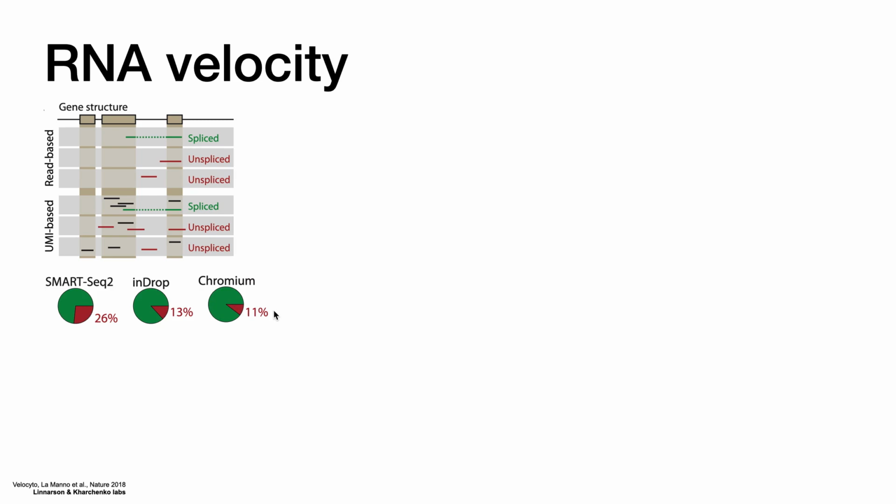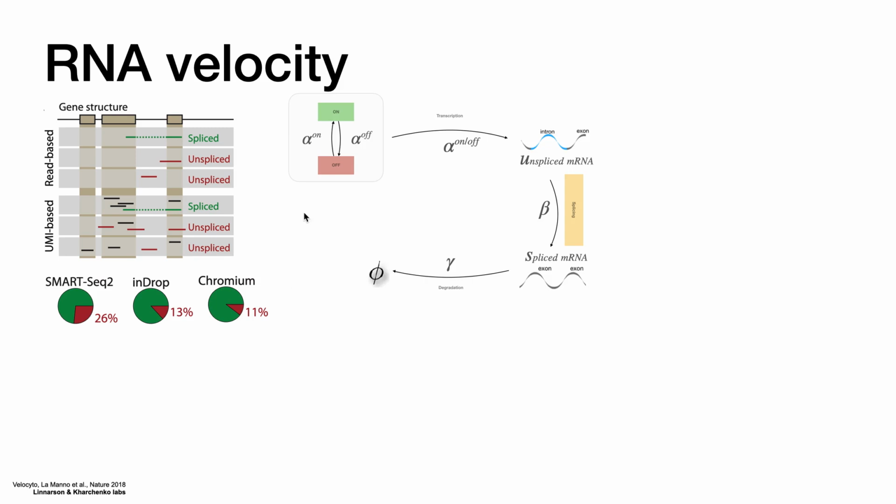So how do these reads help us to learn something about gene dynamics? We can model the gene dynamics with simple mass action kinetics. So we have here a gene where the transcription is either turned on or off with these rates alpha on and alpha off. And once gene transcription is turned on, this gene is transcribed with this rate alpha into an unspliced mRNA that still contains both exons and introns.